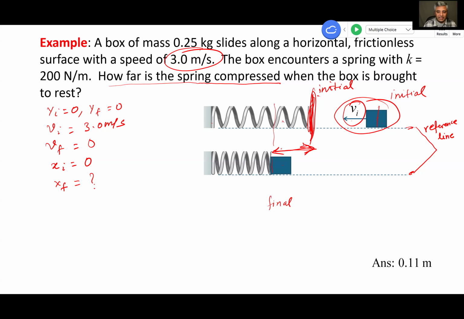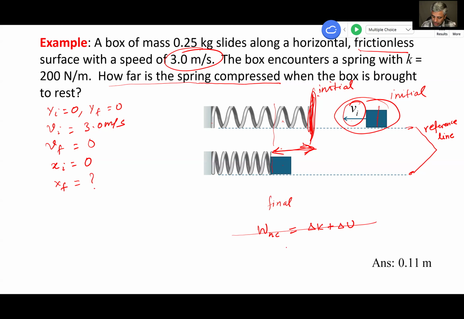So now, it says frictionless, so we are neglecting friction. So we don't need to use work done by non-conservative forces equal to change in kinetic plus change in potential energy. We don't need to write that, okay?